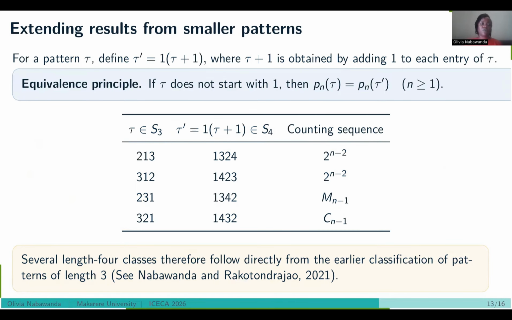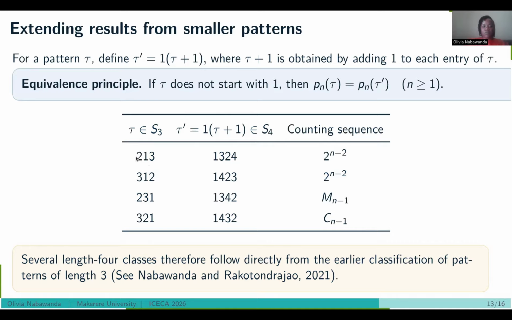Now, we also observed something interesting, and that is the fact that for some patterns of length 3 and some patterns of length 4, they were giving rise to the same resulting sequence. So we decided to come up with a proof for those patterns of length 3 and those of length 4 which have the same counting sequence.